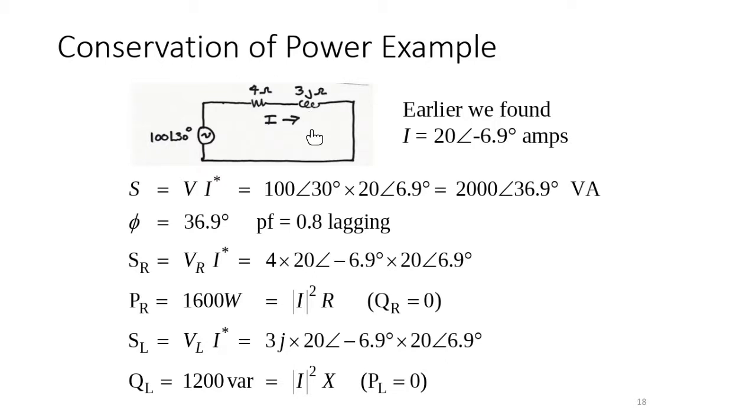So S equals V times I. V is given. I is 20, for example, given as this. Now, when you see this 20 minus 6.9 amps, the voltage here is 30, and this is 6.